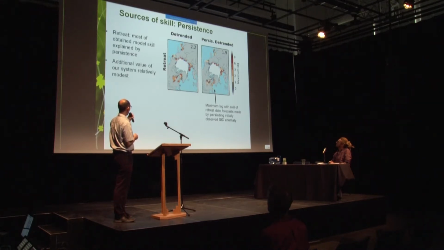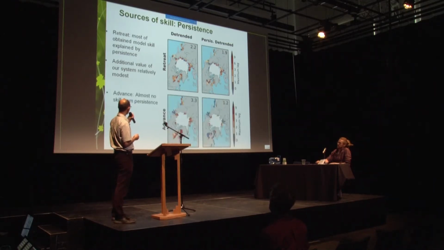So the additional value of our model relative to persistence is relatively modest. It's still higher than this persistence forecast, which is a good thing, but it's not very dramatic.